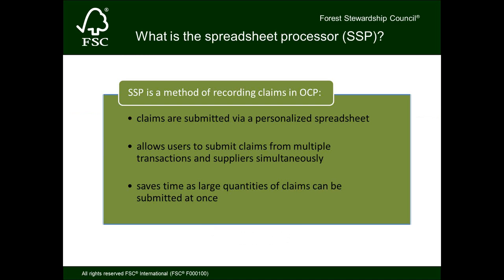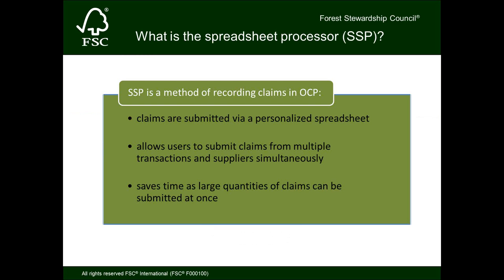That can be done either using a web interface, using the spreadsheet processor, or using the API, the application programming interface. The spreadsheet processor is the method which we expect a lot of people will use in order to be able to record large numbers of claims.